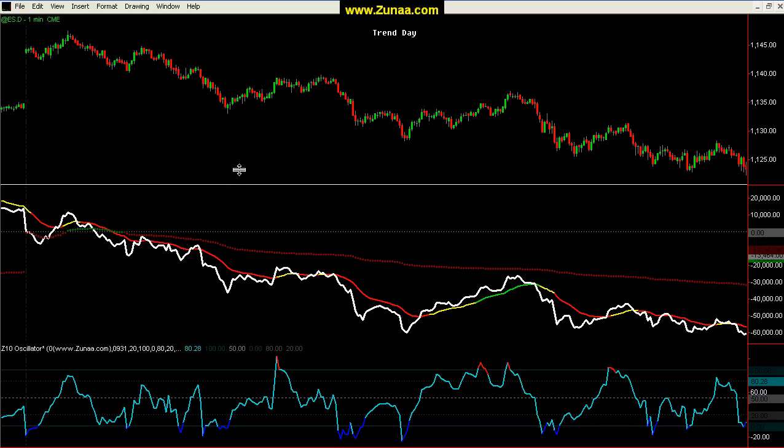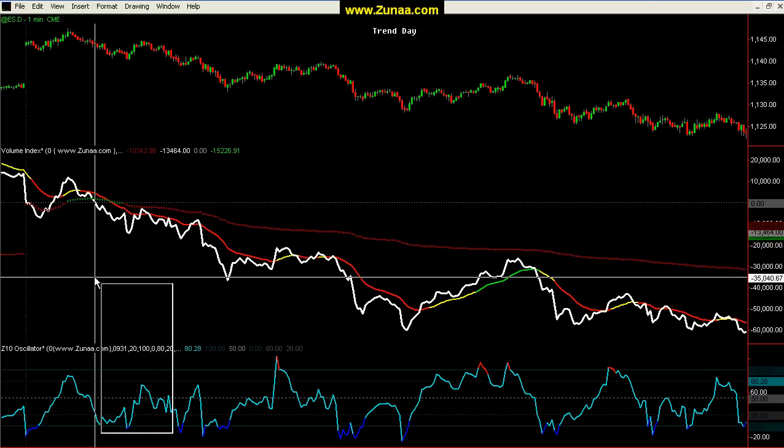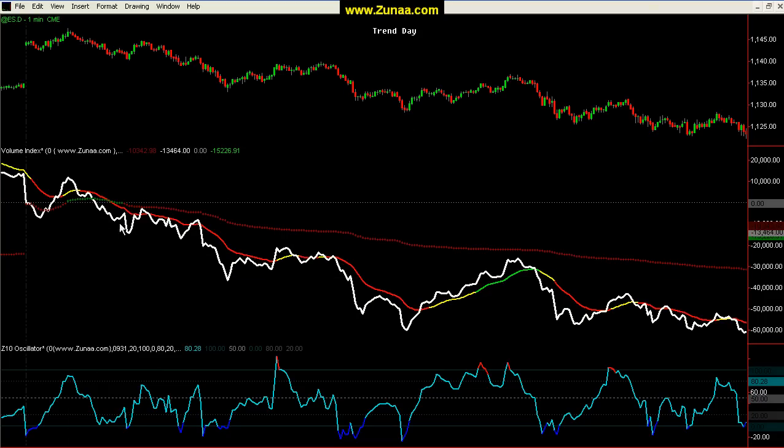So essentially, trend is down via our volume index indicator, and we're just going to take, like a robot, every short signal that the trend tells us we can take. In other words, trend is bearish, so we take every short signal that the oscillator generates.